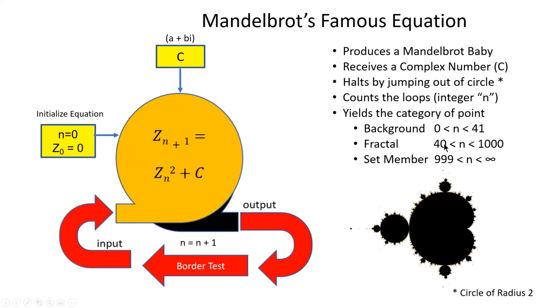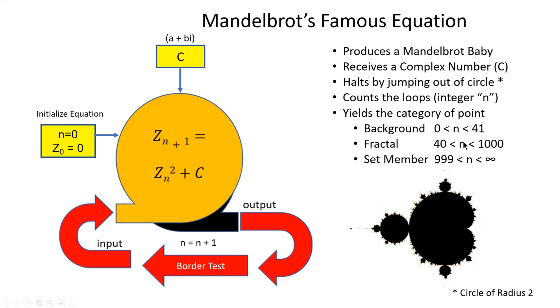But you might have certain colors prescribed. One color for 41, one color for 42, and one color for 43. You could have all of your color patterns all the way up to 1,000. You'd have beautiful fractals.